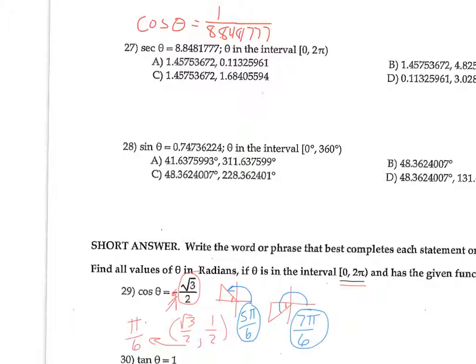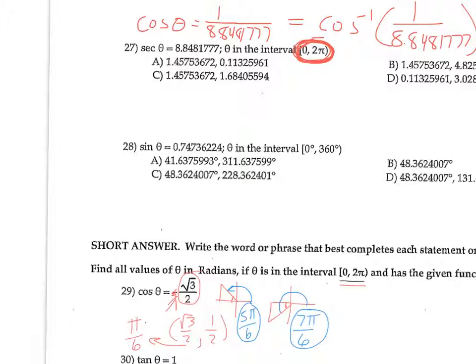We can't flip angles, so if you ever have pi over 3, we can't call that 3 over pi because we never ever flip angles, but we can flip sides. And doing so allows us to use cosine inverse to get back to having the angle. So we have inverse cosine of 1 over 8.8481777, and place that in your calculator, being in radian mode, since we want that angle in radians.